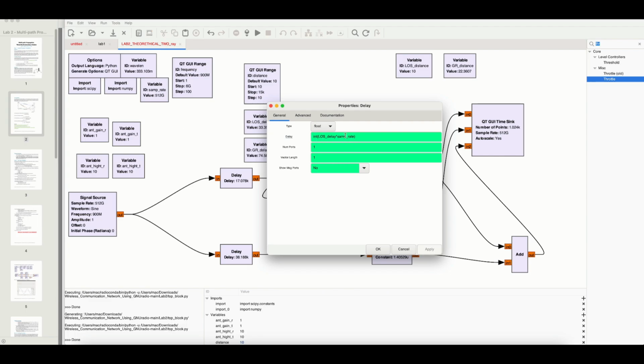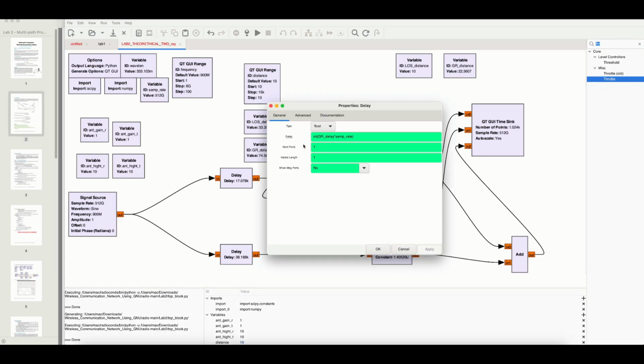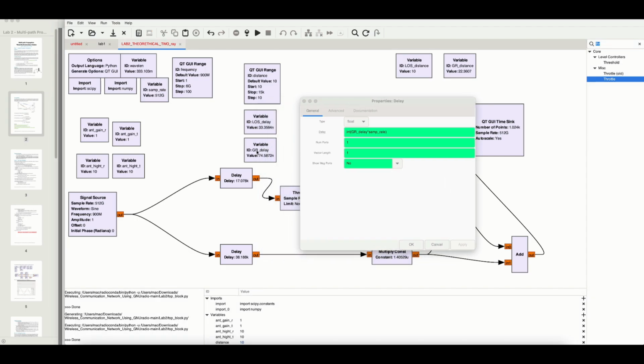Line of sight delay is just multiplied by your SAMP rate, because I want to see that many samples based on this line of sight delay and ground reflected delay. Same thing here, GR underscore delay, which is exactly the same thing, GR distance divided by speed of light times SAMP rate, and int because I want to get an integer value.